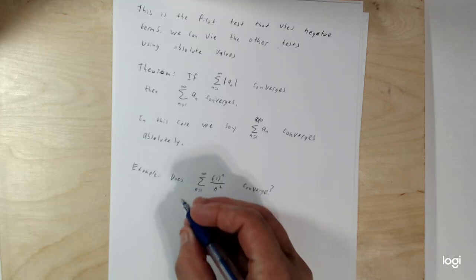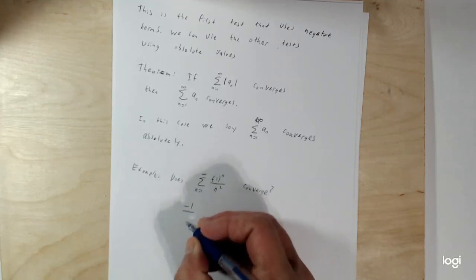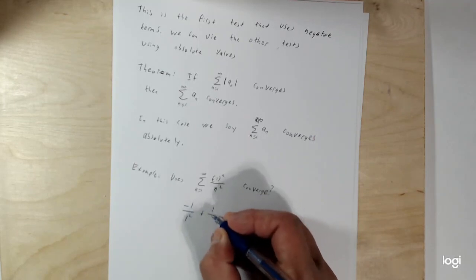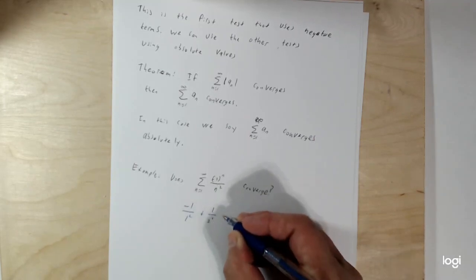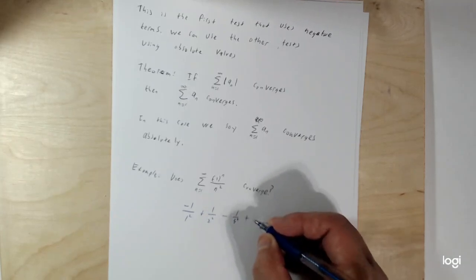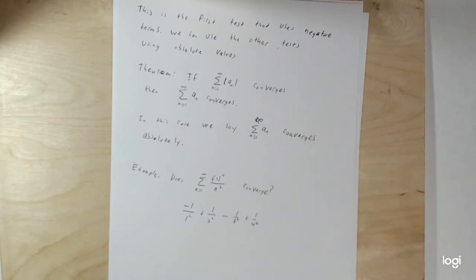Well, that would be negative 1 over 1 squared plus 1 over 2 squared minus 1 over 3 squared plus 1 over 4 squared.